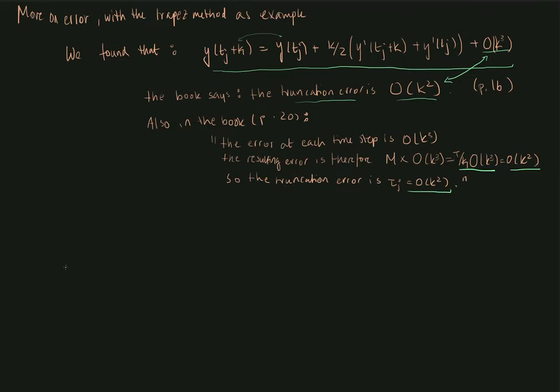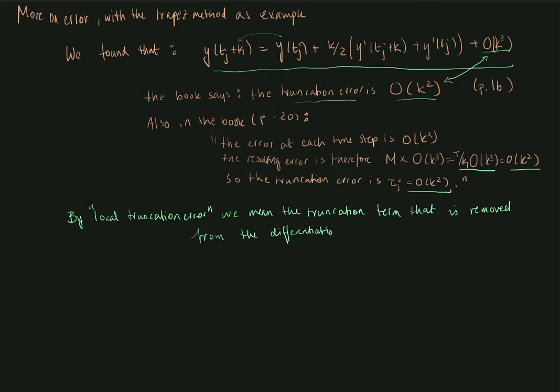And the thing that I will take up here is, by truncation error, and I would like to use the term local truncation error, we mean the truncation term that is removed from the differentiation formula when we construct the finite difference formula.